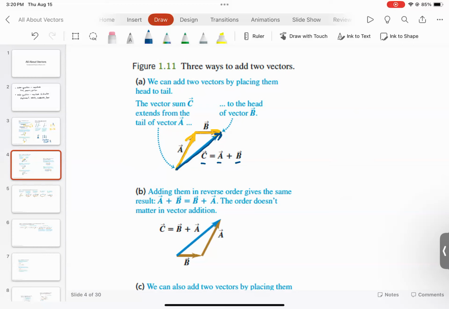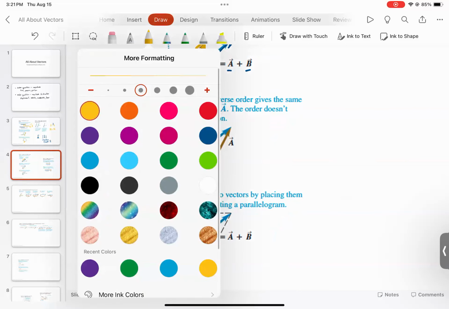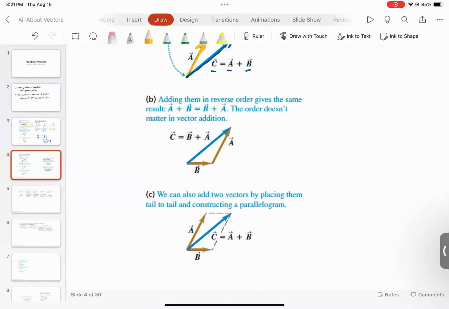Okay, so that's this graphical method. We can also see that if instead we add vector B plus vector A, ang mangyayari doon is we draw first vector B. Okay? And then yung buntot ng vector A ay lalagay sa ulo ng vector B. Okay.